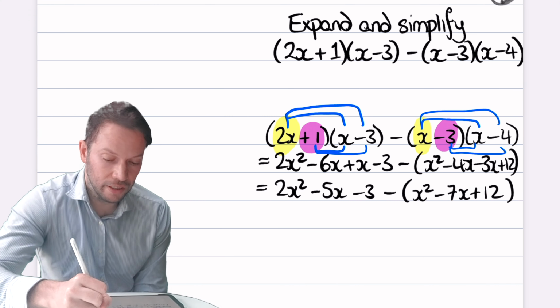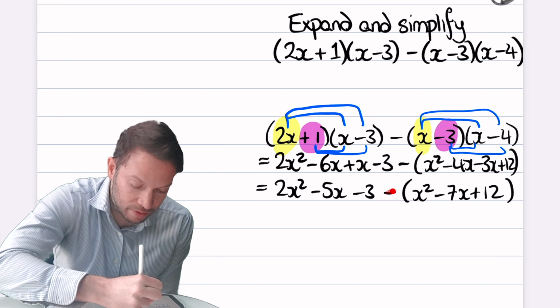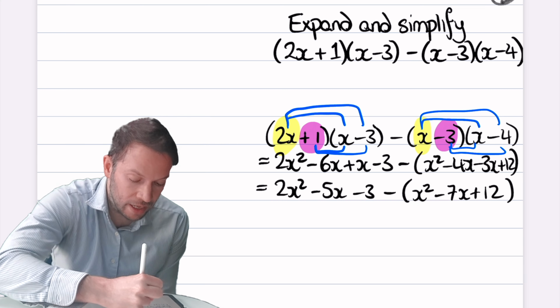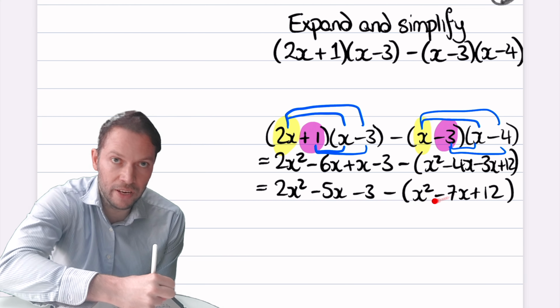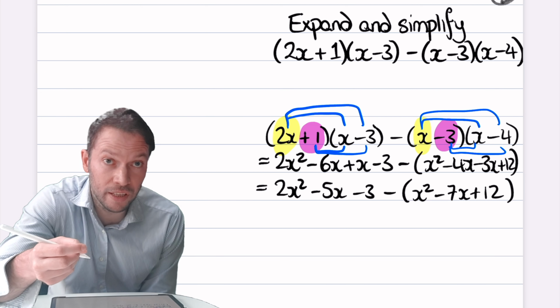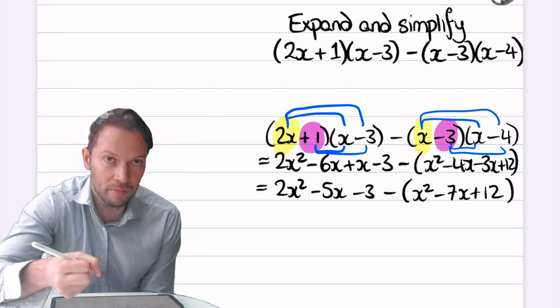Now, the reason we have this bracket here is because we're actually subtracting each thing in this bracket. We're subtracting the x squared, we're subtracting minus 7x, and when you do minus minus 7x, it actually becomes plus 7x. And we're also going to do minus the 12, so it becomes minus 12.